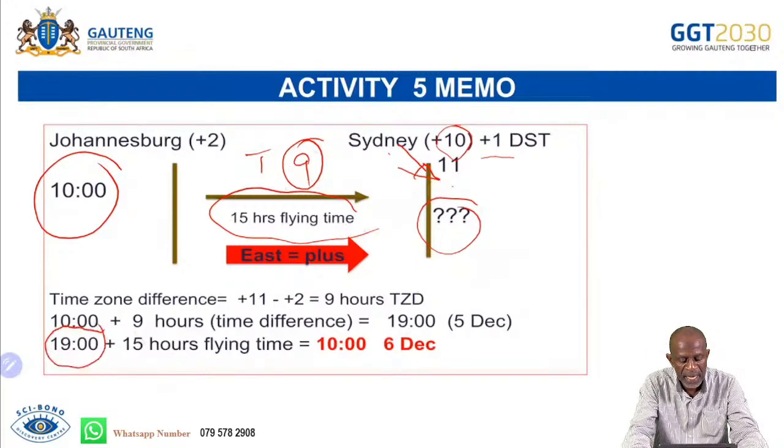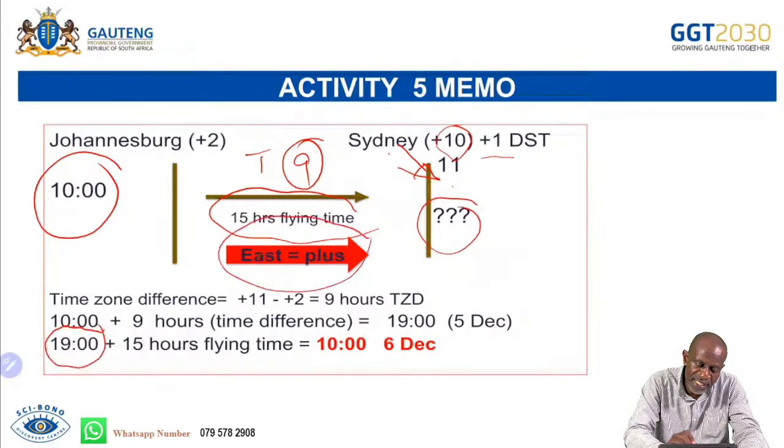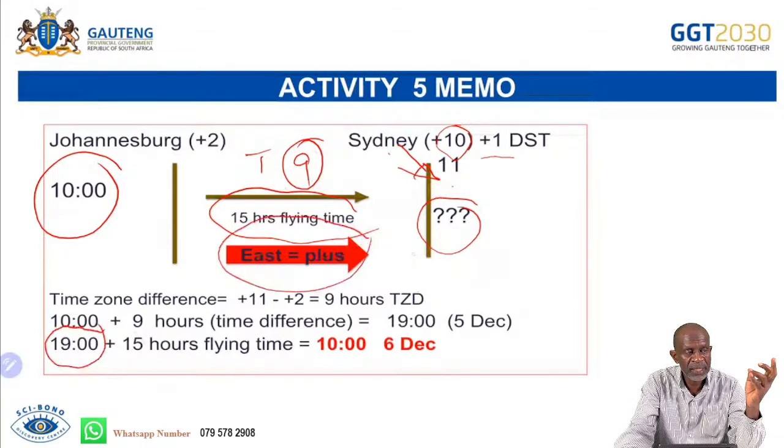to 19 hours, because the movement is eastwards here, you'll have 20, 21, 22, 23, 24, and then that is your midnight, and then you'll have 1, 2, 3, 4, 5, 6, 7, 8, 9, 10.